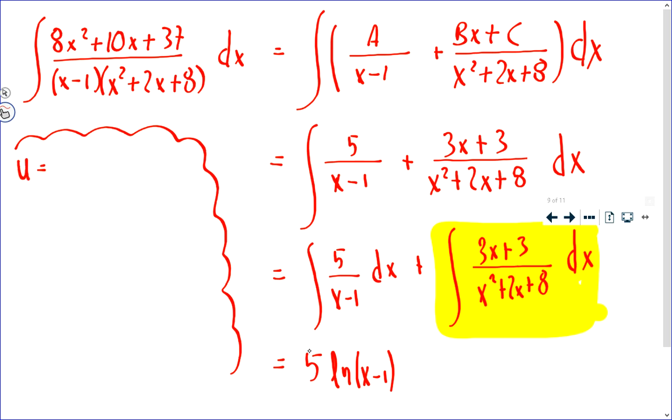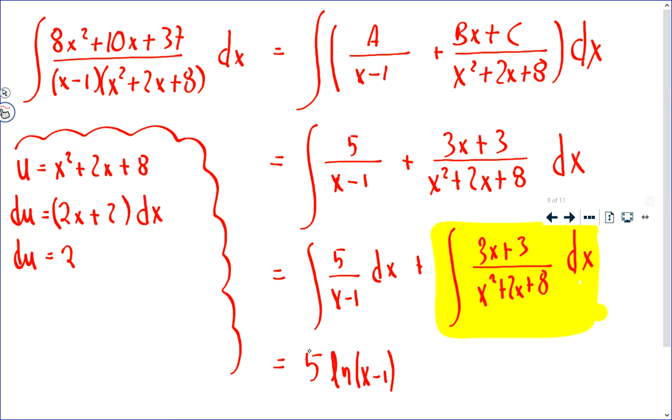If I choose u equals x squared plus 2x plus 8, that means du equals 2x plus 2 multiplied by dx. I'm going to take the 2 out and have du equals 2 multiplied by x plus 1 dx.